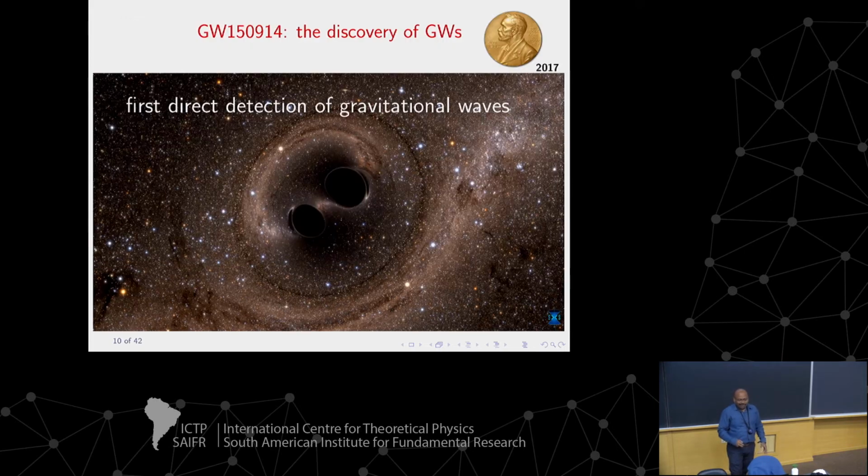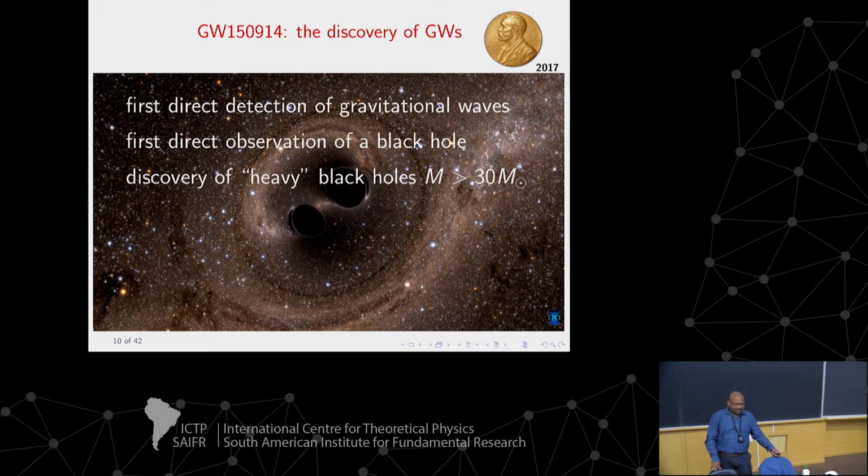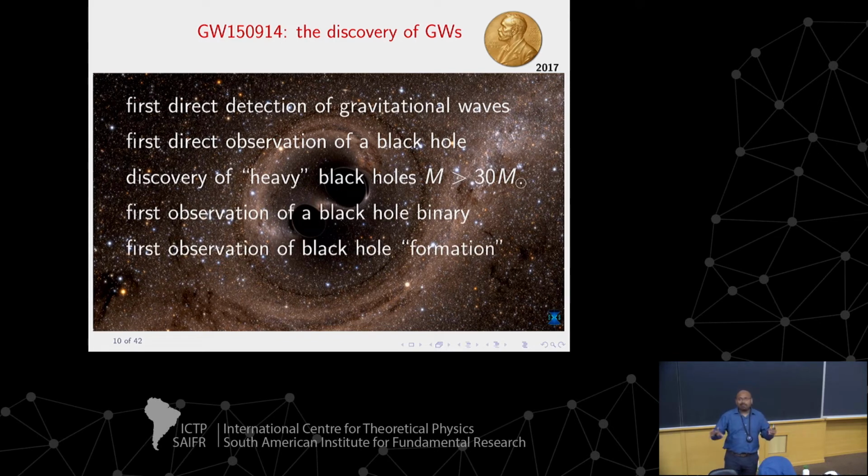The discovery of gravitational waves in GW150914 was of course the first direct detection of gravitational waves. It was the first direct observation of a black hole. It was the discovery of a class of heavy black holes of mass greater than 30 solar masses. These black holes were not expected in conventional astrophysics. It was the first observation of a black hole in a binary, and it was the first observation of a black hole forming.